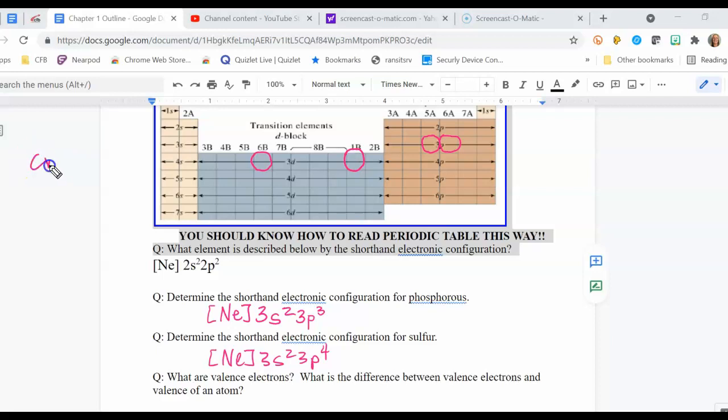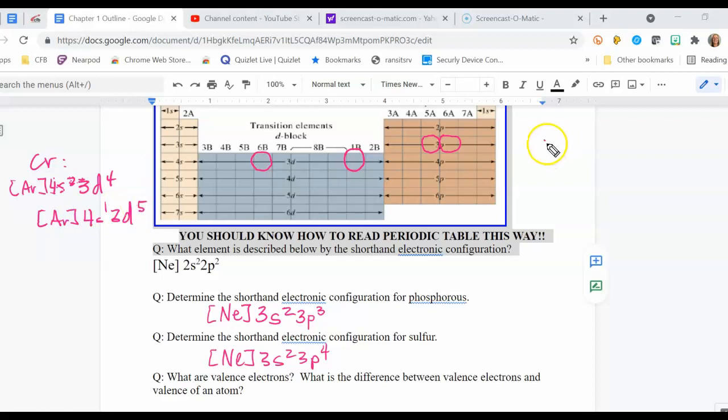For chromium, if it were normal and not an exception, the shorthand configuration would be [Ar] 4s2 3d4. But because we know that it steals, we end up with [Ar] 4s1 3d5, correctly written for chromium.